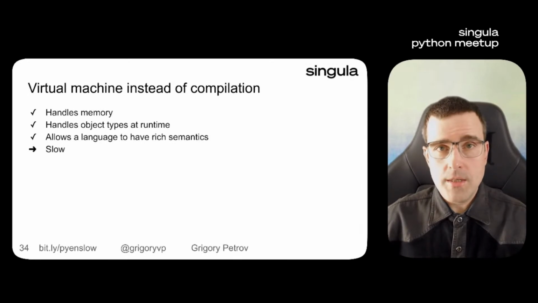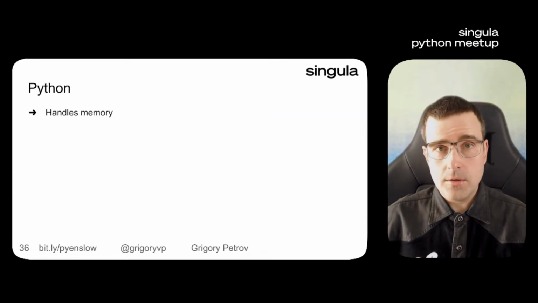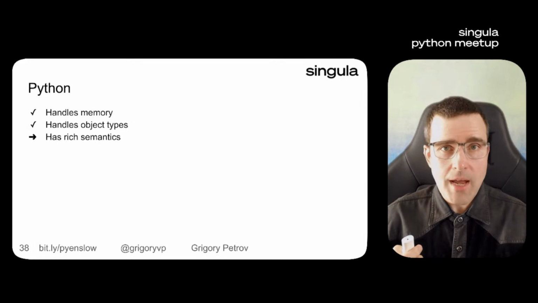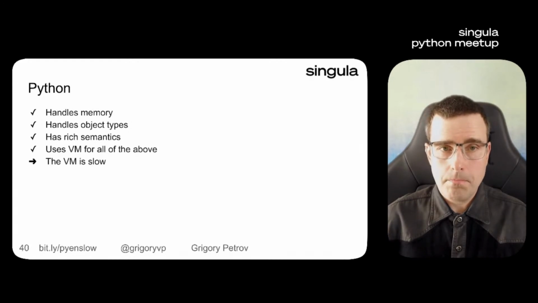Virtual machines are known to be slow. And let's see, Python. It handles memory, it handles object types, it provides rich language semantics, and it uses a virtual machine for all these tasks, which is slow.